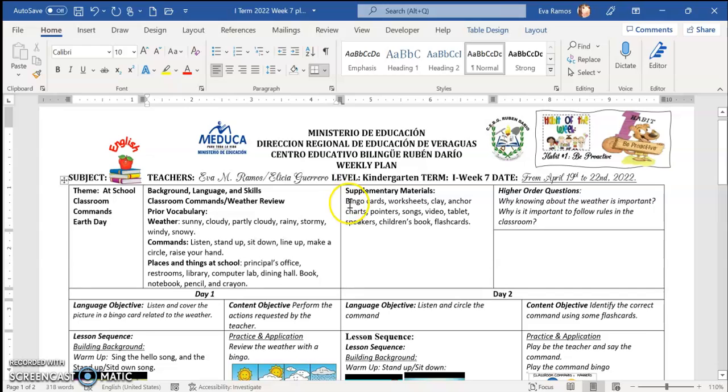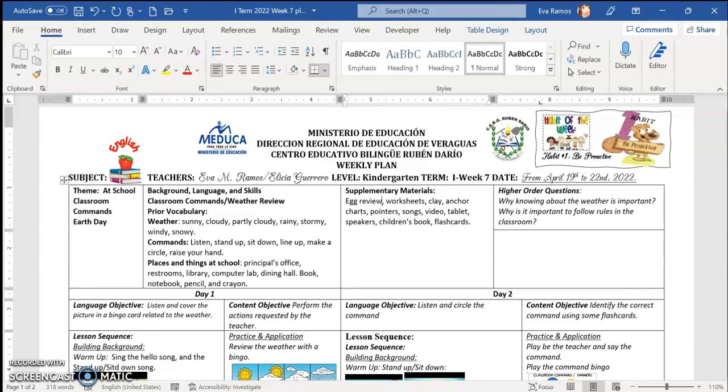What I'm going to use, of course, sometimes I play bingo. This time I'm not sure that I will be playing bingo, but I will be using egg review with the Easter eggs. I will use some worksheets.